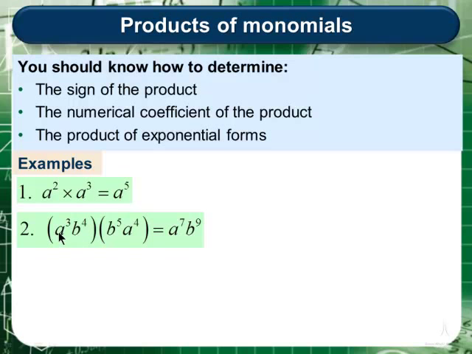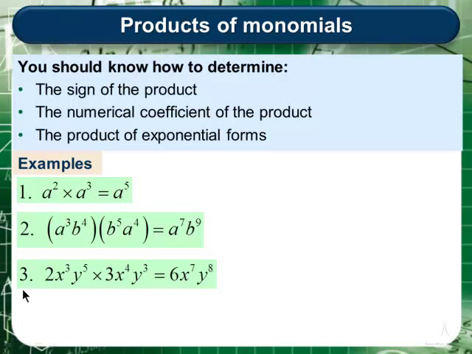So we first multiply a to the power 3 with a to the power 4, and we get a to the power 7, adding the exponents. That forms part of the product. And we also multiply the factors where the bases are the same, namely b in this case, to get b to the power 9, which is the second factor of the product of these two monomials.